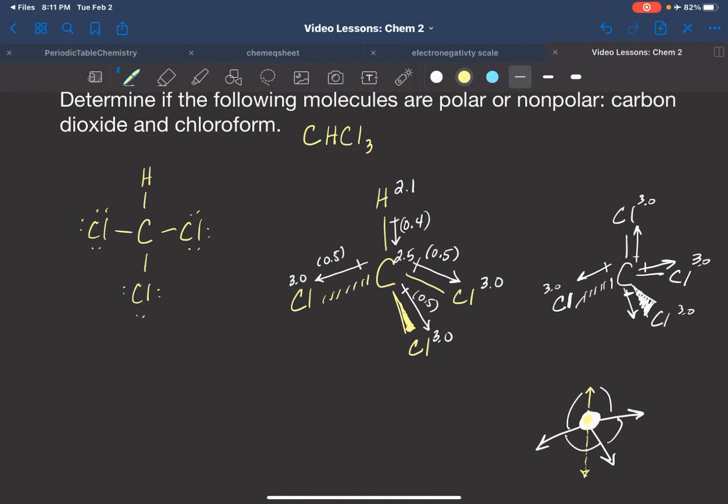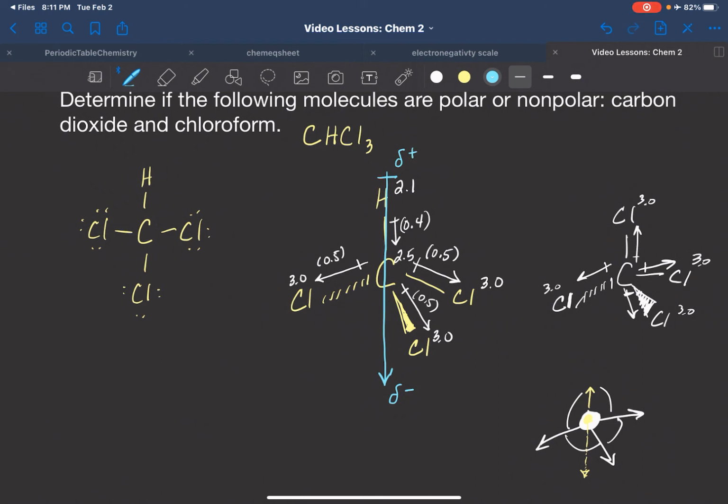And the same is true with this molecule here. There is a pull slightly through that part of the molecule. We would say this side going in this direction is partially negative, and this side is partially positive.